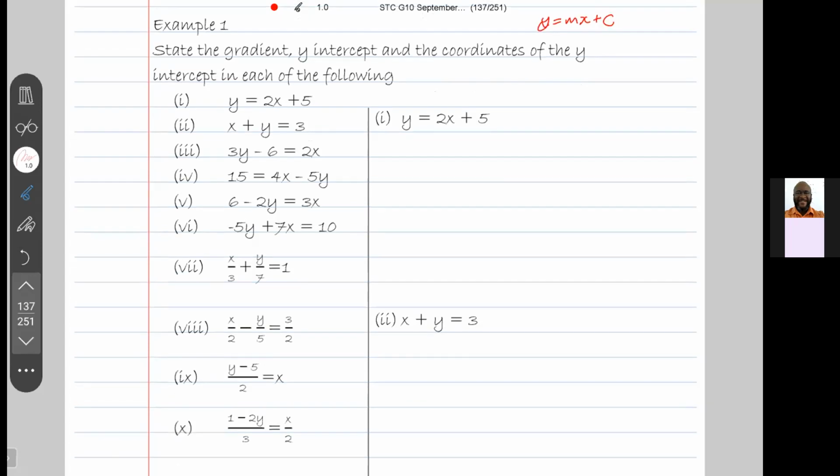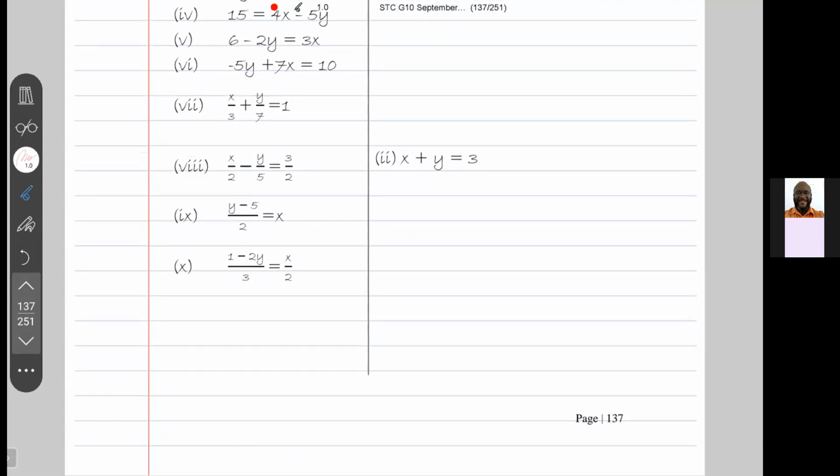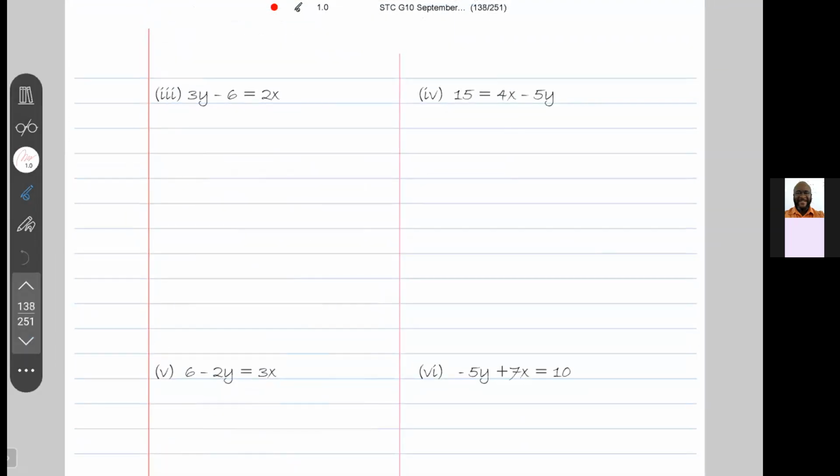So let me find one of the more difficult ones, turning the page. Let me do, let us say, IV, and then you can do triple I. So I'm doing IV. IV is the equation of a straight line, but it is not in the general form.